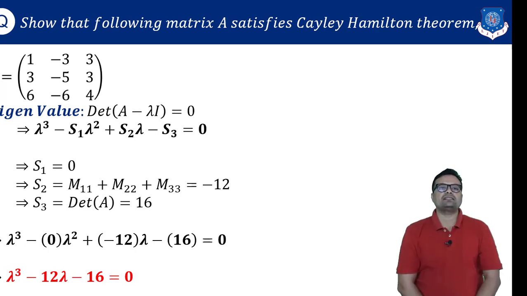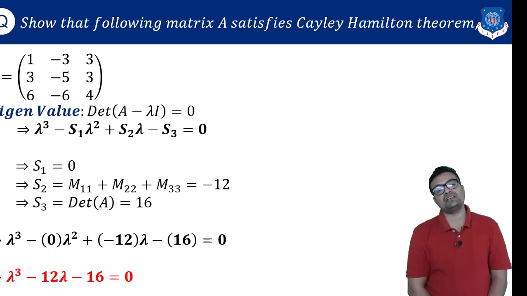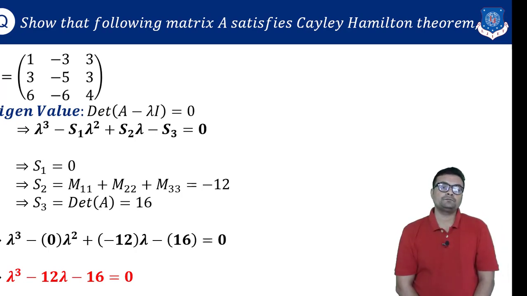This is nothing but the characteristic equation. Now what does the Cayley-Hamilton theorem state? We can replace lambda with A, and that simply means that I can write A cube minus 12A minus 16I equal to 0. The 0 on the right hand side will be a null matrix of the same order as A, and that is what I want to verify.